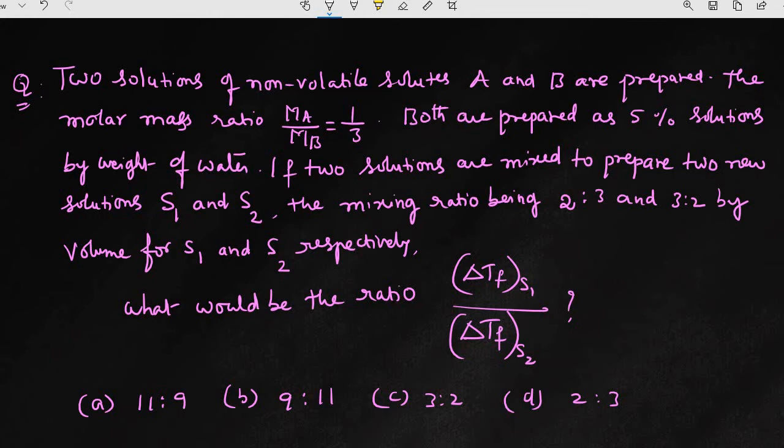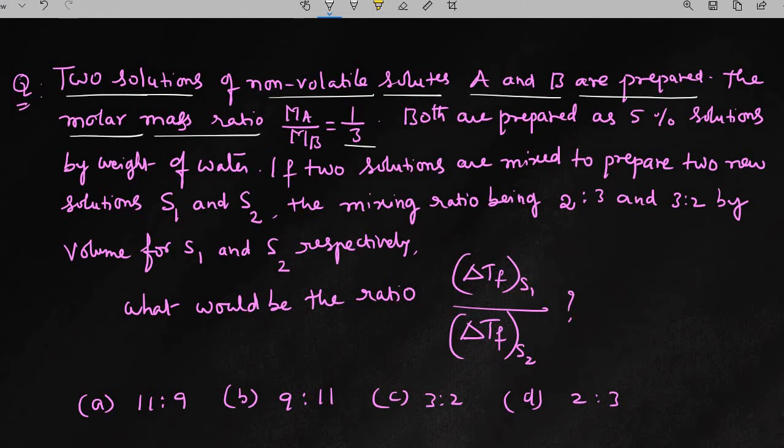Now let us see this question. Two solutions of non-volatile solutes A and B are prepared, and the molar mass ratio is 1 by 3. Both are prepared as 5% solutions by weight of water.